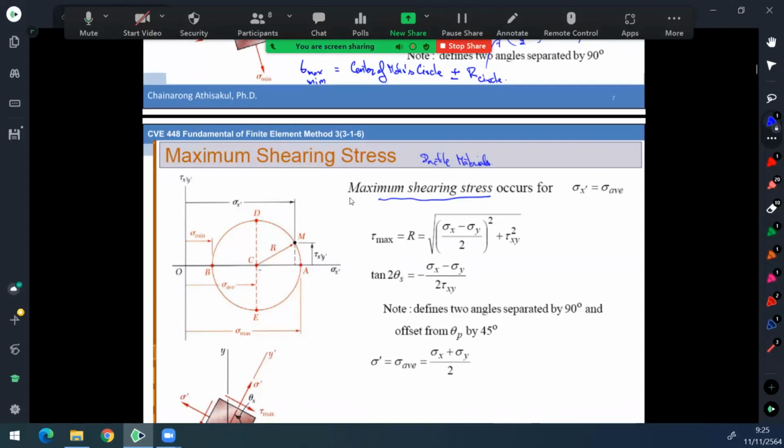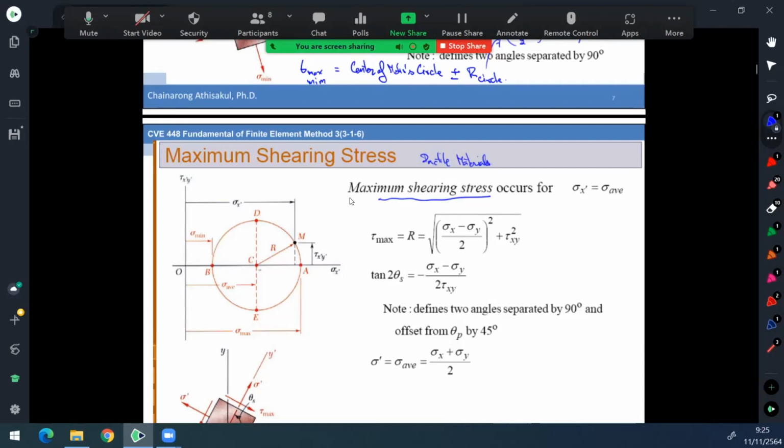Instead, such as steel, we have to consider the shear failure instead of the normal stress failure. So then we have to focus on the shear stress also.